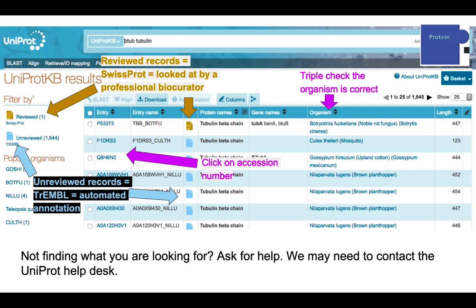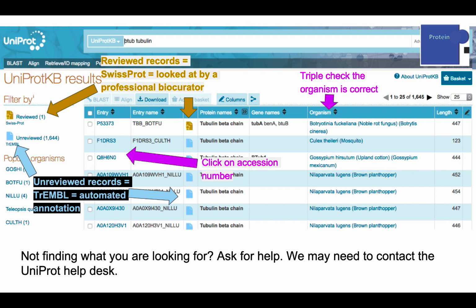Gold means there's a protein sequence out there and somebody has looked at it, quality controlled it and added some information, so this is a good record to refer to. The gold ones are actually looked at by professional biocurators. That's why they get this nice star.